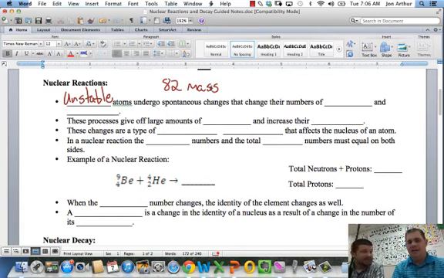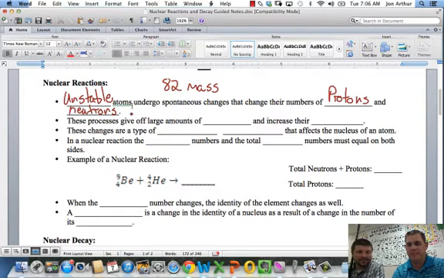So anything above lead is considered radioactive. Atoms undergo spontaneous changes to change their numbers of protons and neutrons. Again, we're working with what's in the nucleus here. A nuclear reaction is only what's in the nucleus.